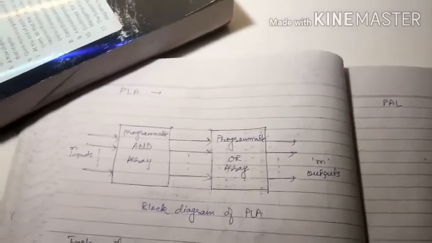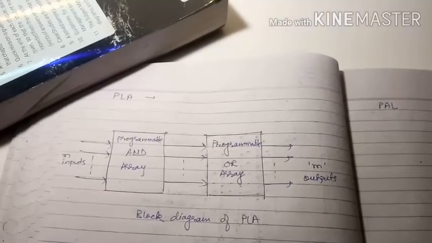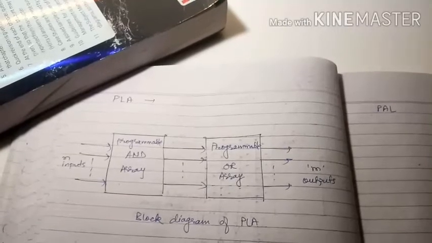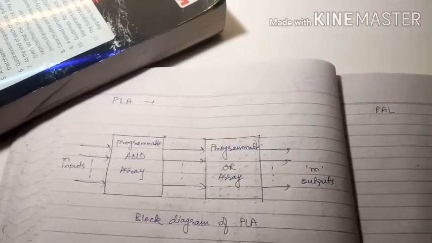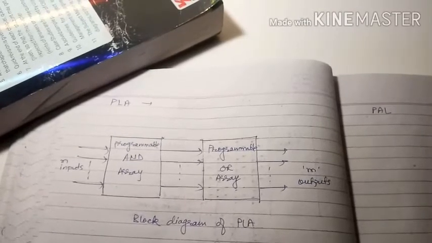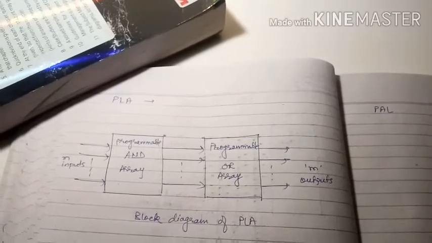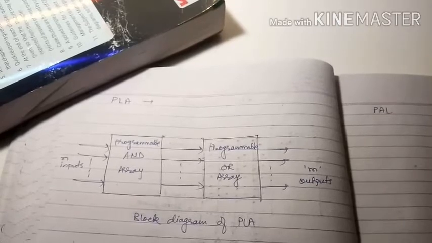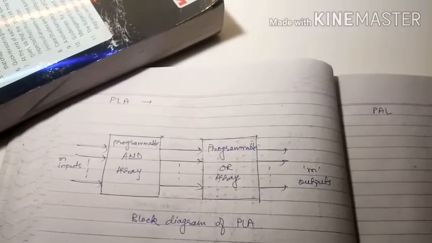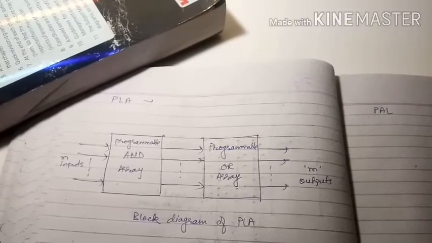The inputs of AND gates are programmable. That means each AND gate has both normal and complemented inputs of variables. So, based on this, we can program any of those inputs, and we can generate only the required product terms by using these AND gates.